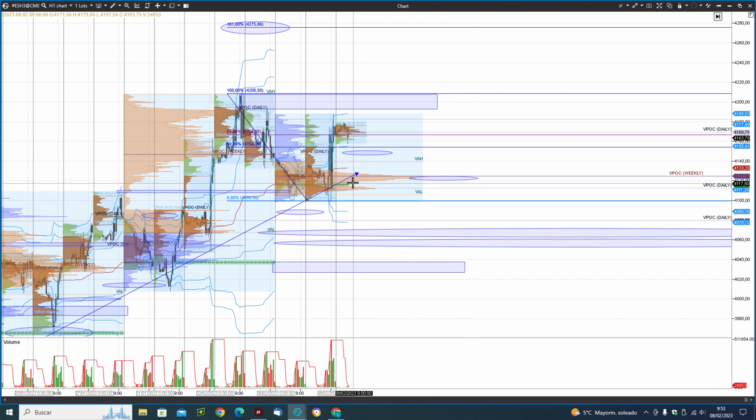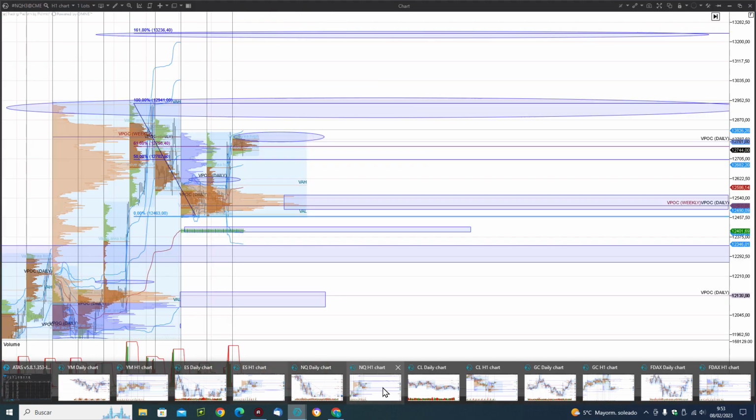We don't know if it will respect this zone and rebound for higher targets, or perhaps it can break this zone and go to the lower targets on 4,076.